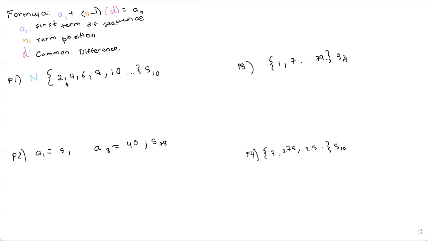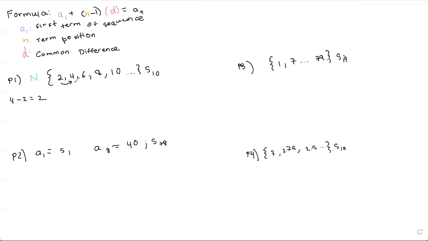To get from 2 to 4, we find the difference, which is 4 minus 2, equal to 2.